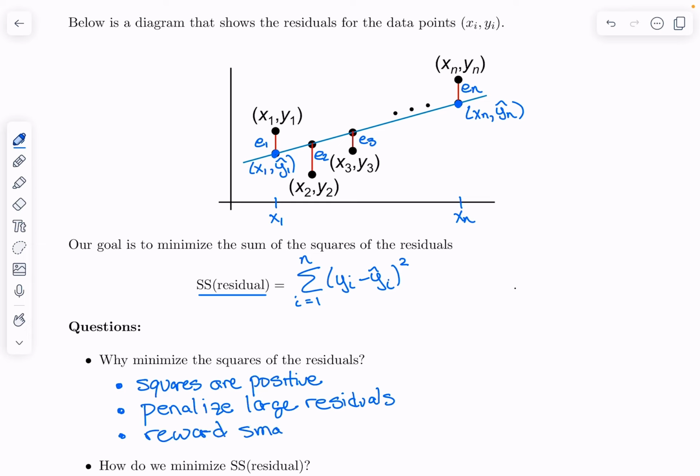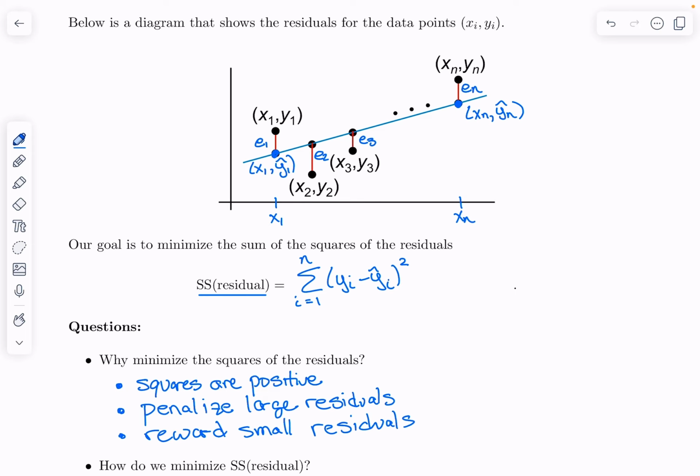So if we want to minimize the sum of the squares of the residuals, what we're trying to do is keep us from having large distances between the lines and the data points, and we want to have instead small distances between the data points and the closest points on the lines.